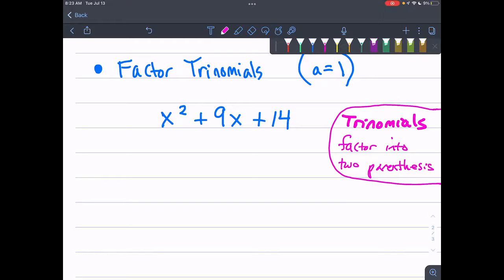Trinomials typically factor into 2 parentheses. So I'm going to go ahead and write 2 parentheses under there. So we go from that 3-term thing to 2 parentheses.